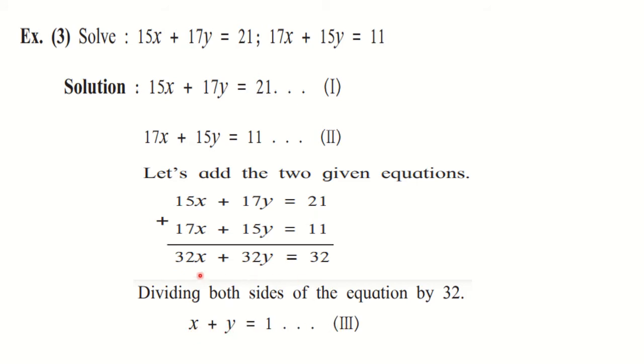When you are dividing 32 by 32, you are going to get 1. In a hurry, many students write 0. This I have observed. 32 divided by 32 is 1. Don't write 0 here in a hurry. You are not subtracting there, you are dividing. So this simplified equation which we have got, you have to number it as 3.